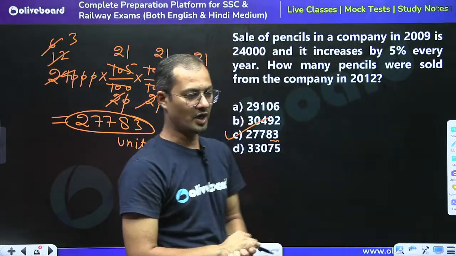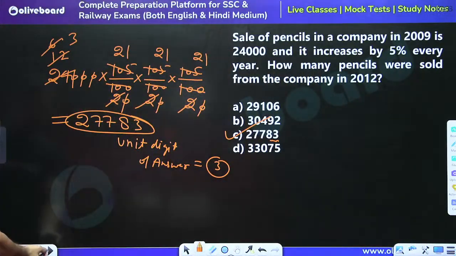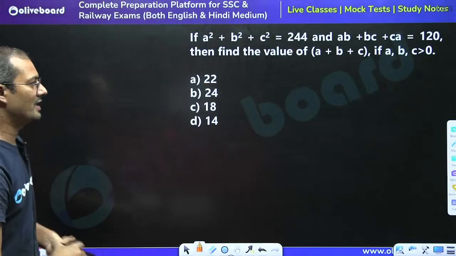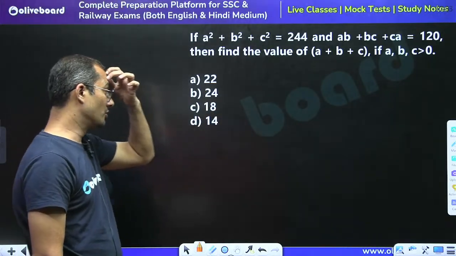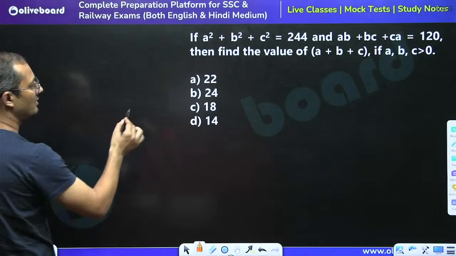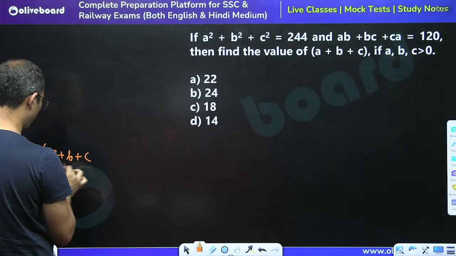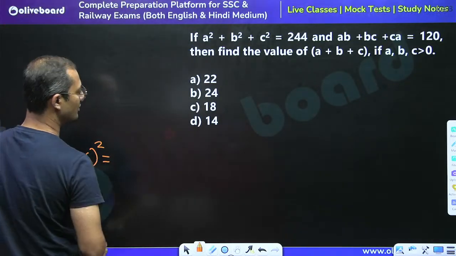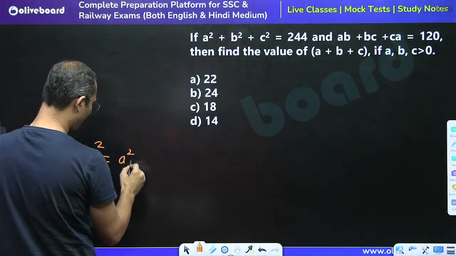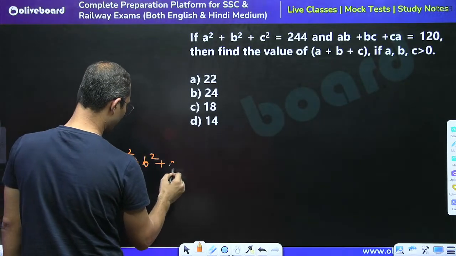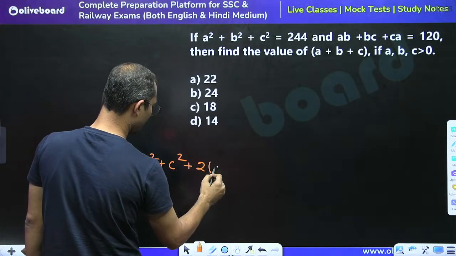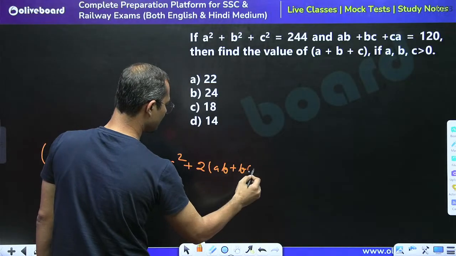Yes. So now moving to next question. Tell me what is the answer of this question. I told you in previous classes there is a formula of (a plus b plus c) whole square. So we must know this. This is equal to a square plus b square plus c square plus 2 bracket ab plus bc plus ca.